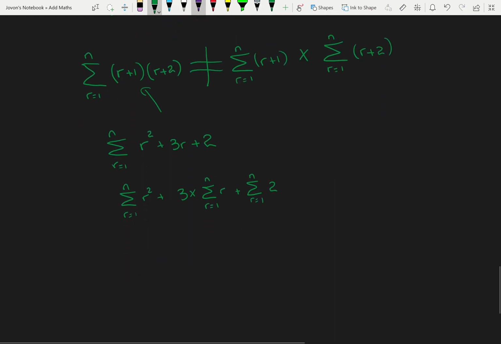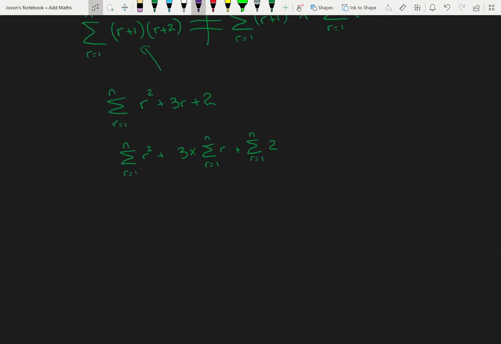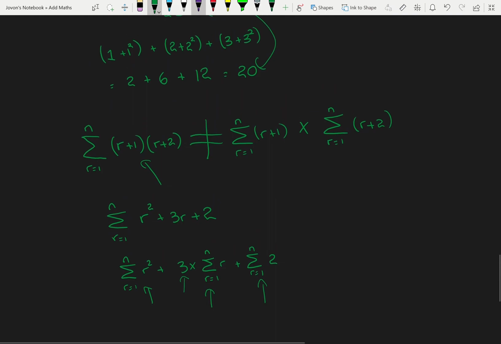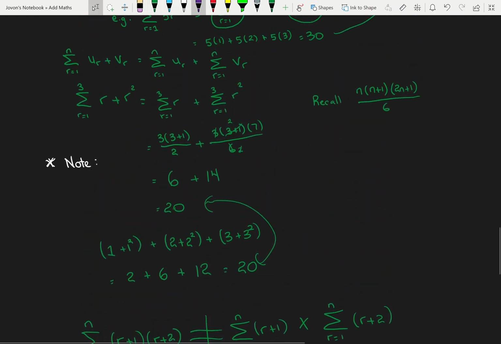And we should be able to do this, right? Because we know our equation to find this. We know our equation to find this. And we know an equation to find this. And notice here that I also used one of these summation laws, okay? So we could solve this, right?